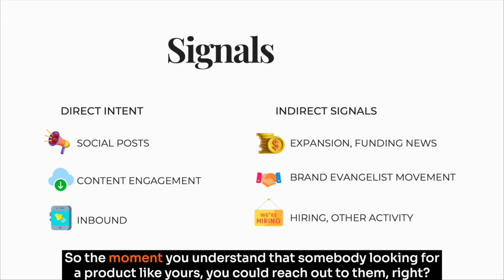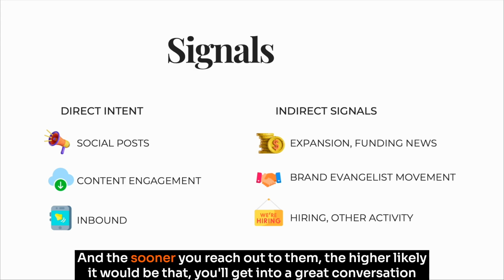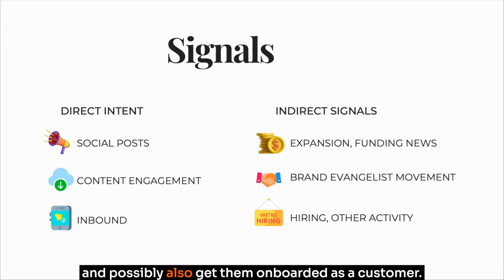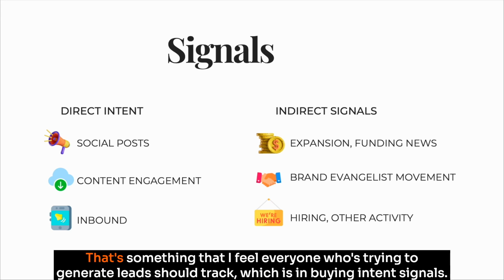So the moment you understand there's somebody looking for a product like yours, you could reach out to them, right? And the sooner you reach out to them, the higher likely it would be that you'll get into a great conversation and possibly also get them onboarded as a customer. So that's a direct intent. That's something that I feel everyone who's trying to generate leads should track, which is buying intent signals.